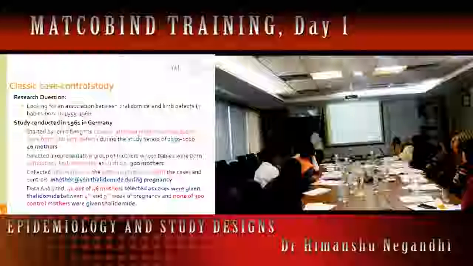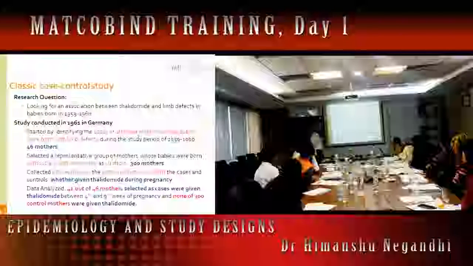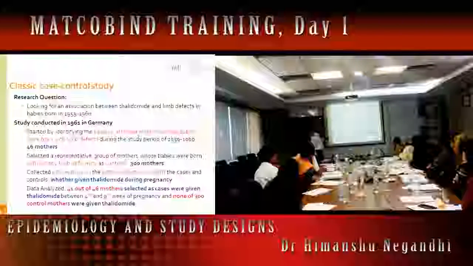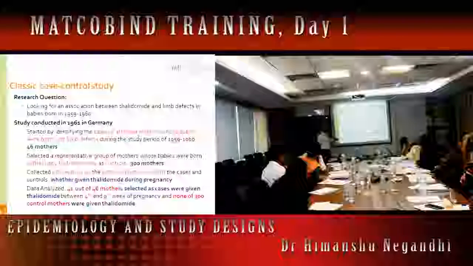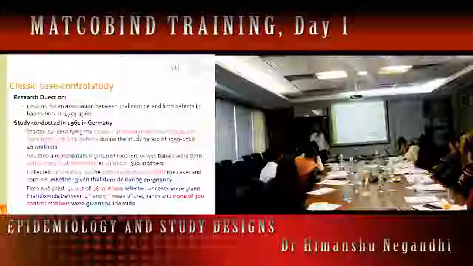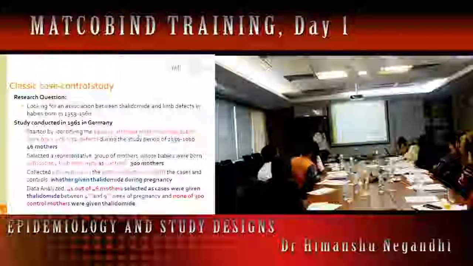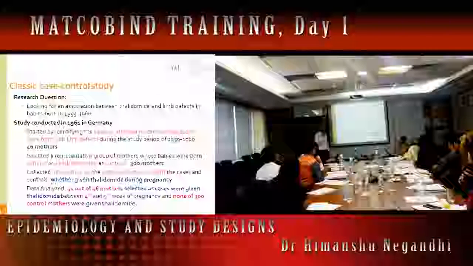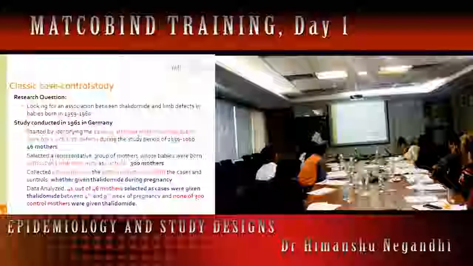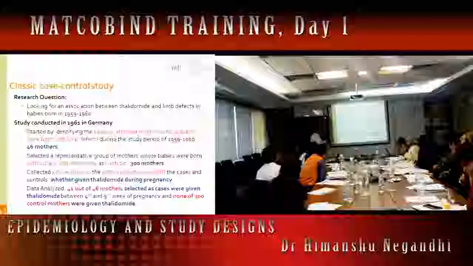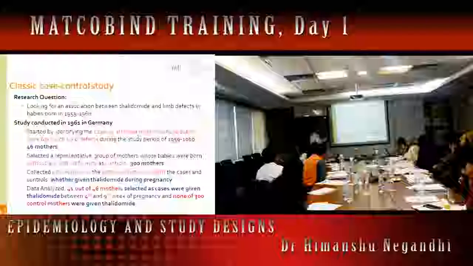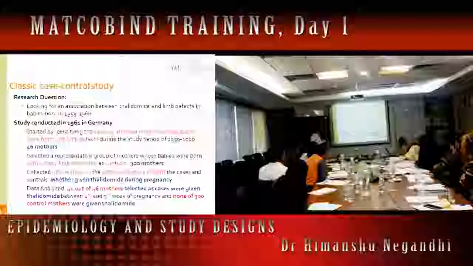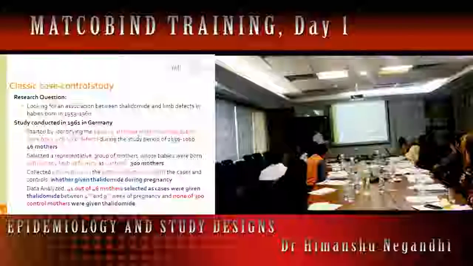They selected a representative group of mothers, which means mothers of a similar age, coming from a similar socio-economic profile, a similar part of the country, similar education, and so on. They selected that representative group, which we now call the control group. These babies were born without any limb deformity, and we call them controls. So they selected 300 controls.